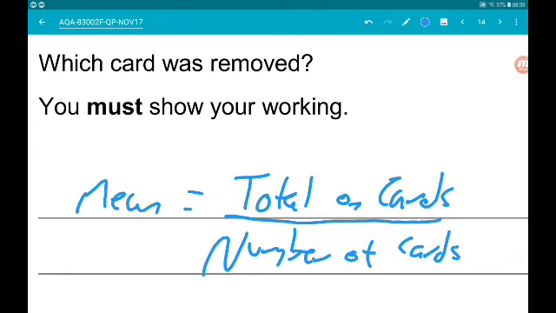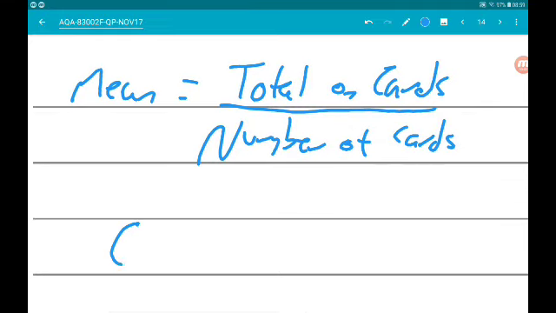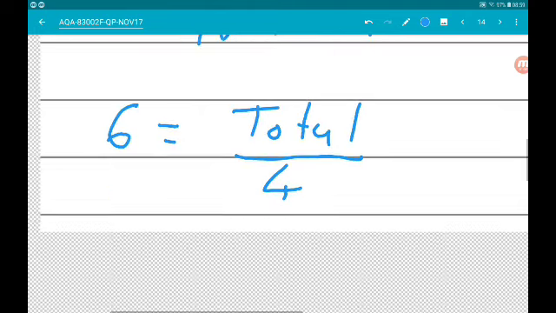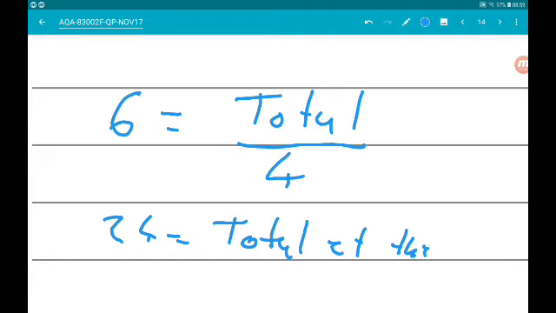Now we know 2 of these 3 things. We know the mean is 6, and we know that the number of cards is 4. So we know 6 is equal to the total divided by 4. To cancel out a division we multiply. So that tells us then that 24 is equal to the total of the 4 cards.